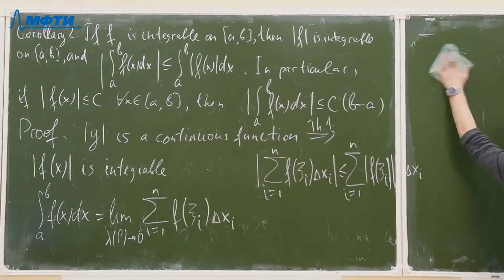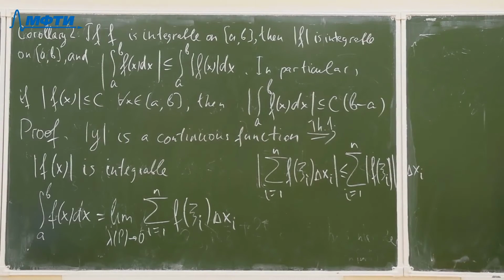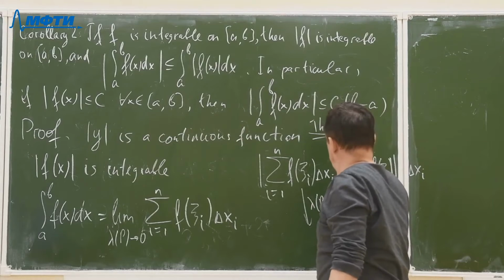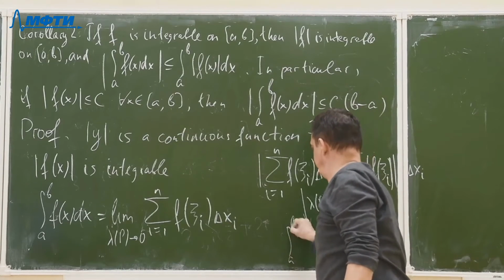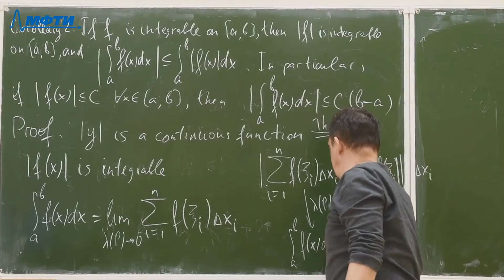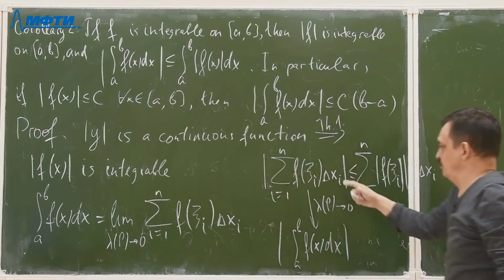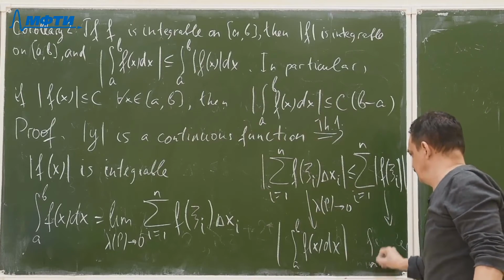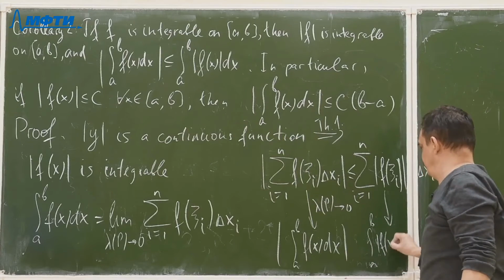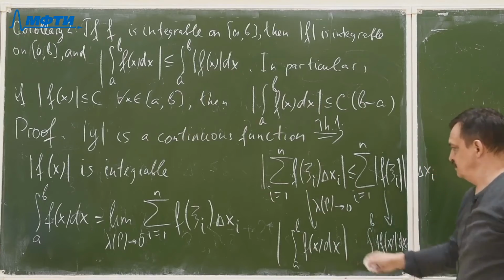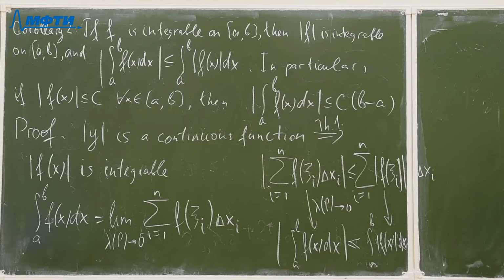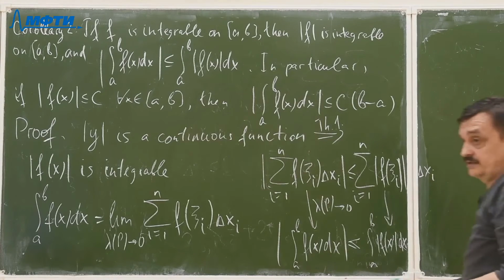So we know this tends to the integral of f of x dx, and we take the modulus outside. This tends to the integral of modulus of f of x dx. Hence, the inequality is preserved by the limit process. And that's it. The corollary is proved.